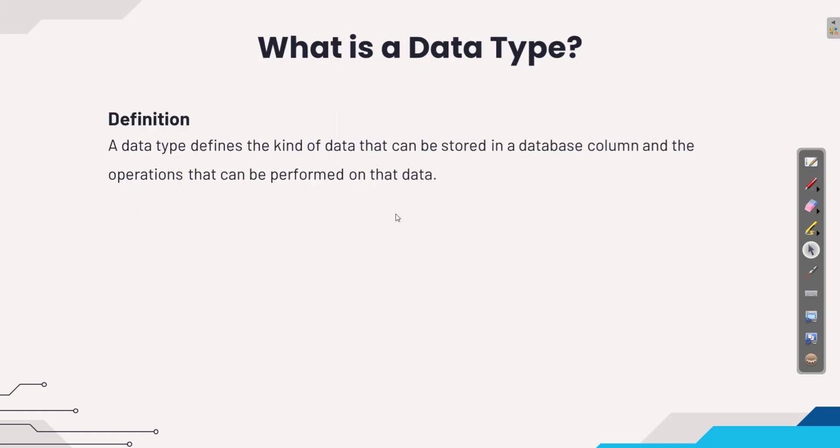Okay, what is a data type? The simple definition is that a data type defines the kind of data that can be stored in a database column, or the operations that can be performed on that data.